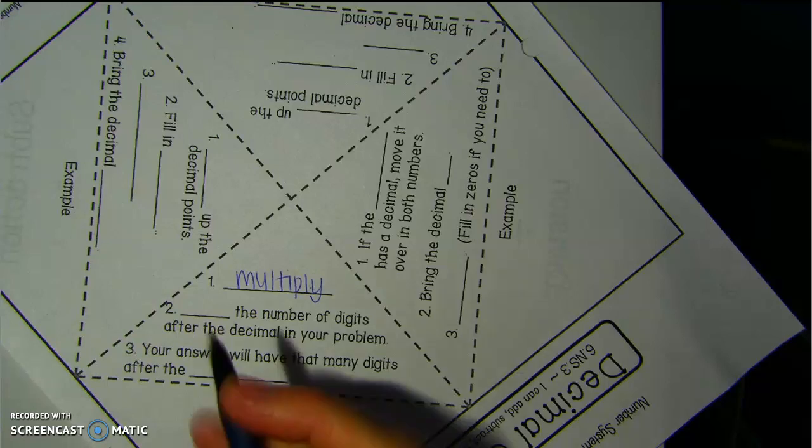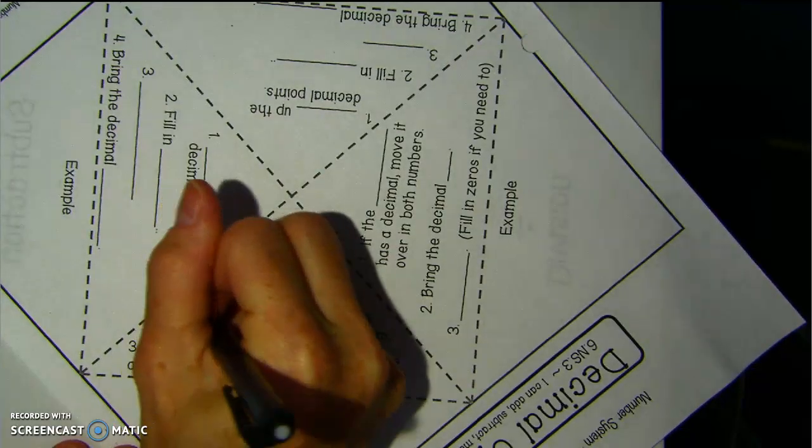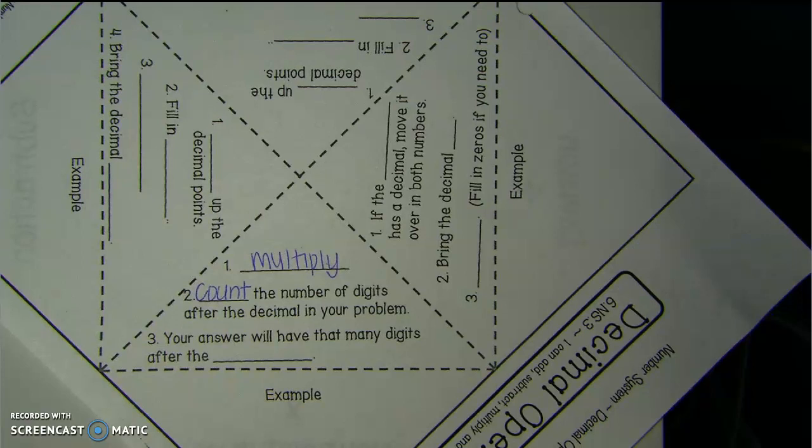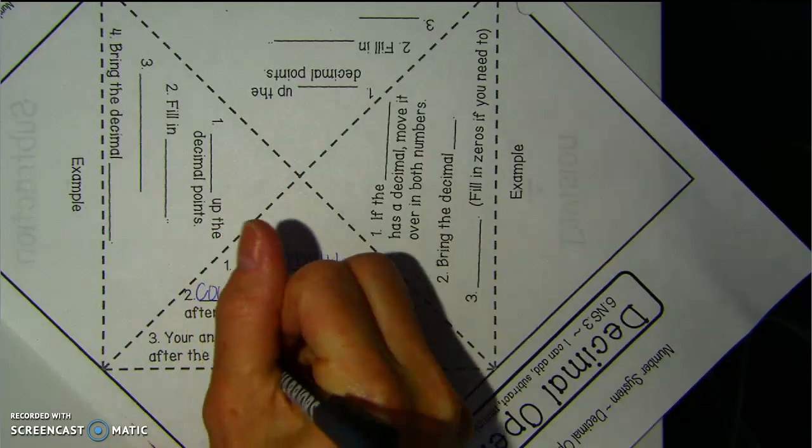So right there, we're going to put count. We're going to count the number of digits after the decimal in your problem. Then it says your answer will have that many digits after the decimal. Good, after the decimal.